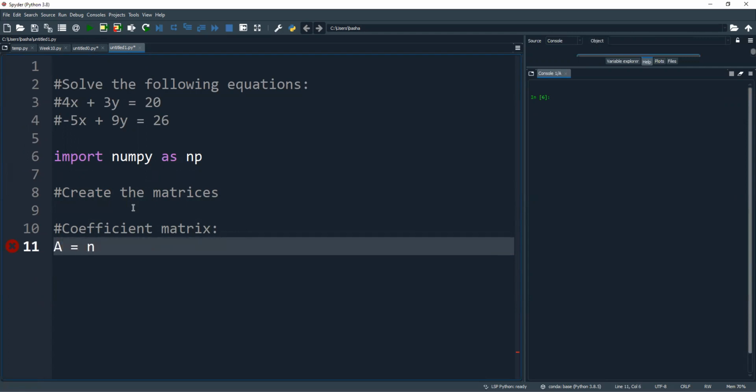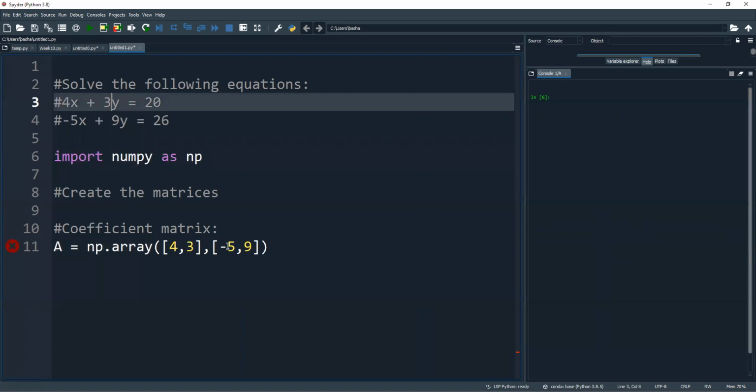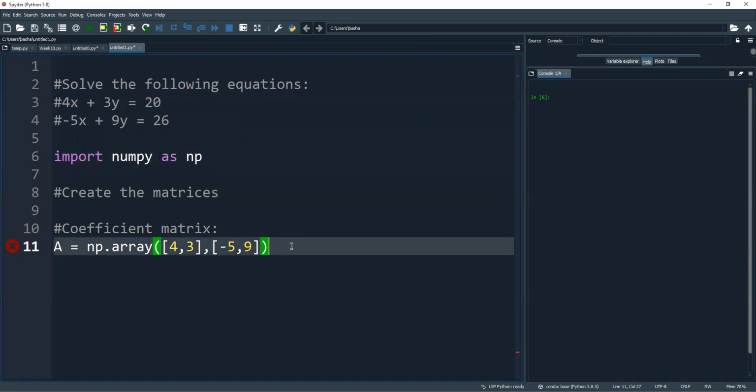A will be np.array of the coefficients of the first equation, 4, 3, and then another set of square brackets, coefficients of the second equation, minus 5, 9. Every row has its own set of square brackets, and I'm separating the elements with a comma. So 4, 3, minus 5, 9. This is the coefficient matrix.